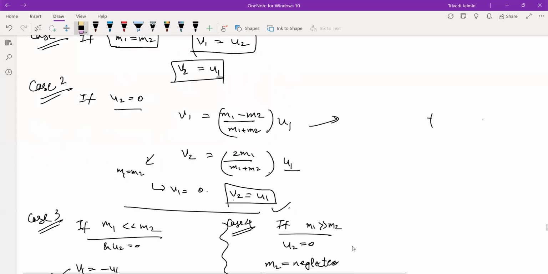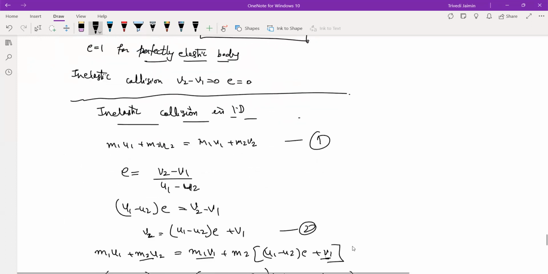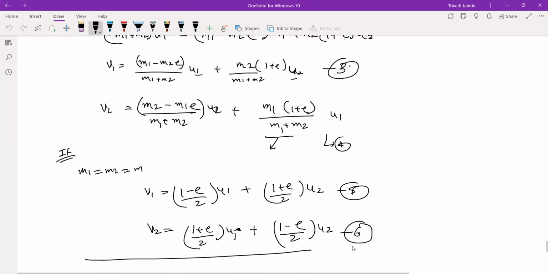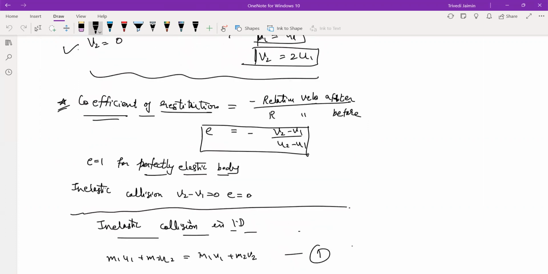Okay. So do you have inelastic collision in your syllabus? Elastic is done; this was elastic collision. Then coefficient of restitution.